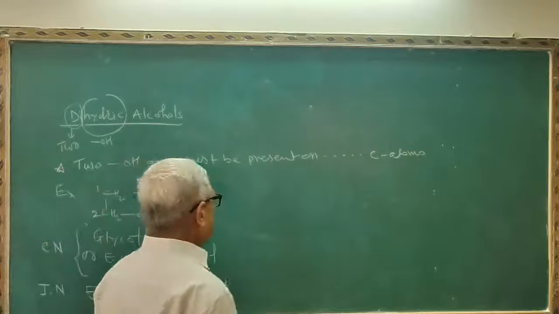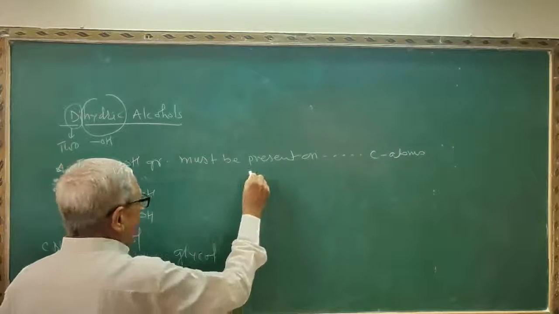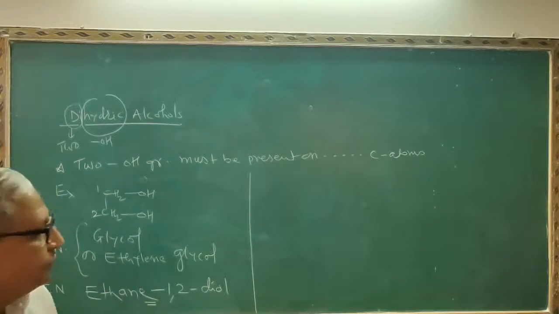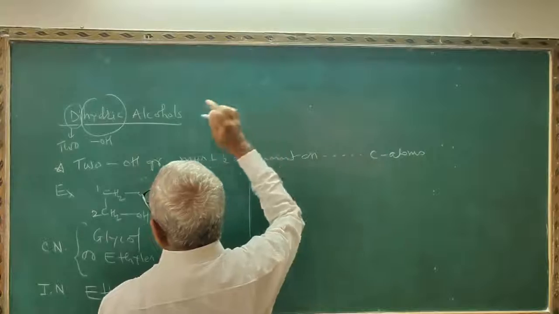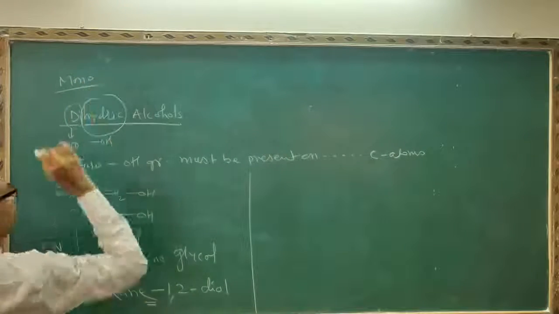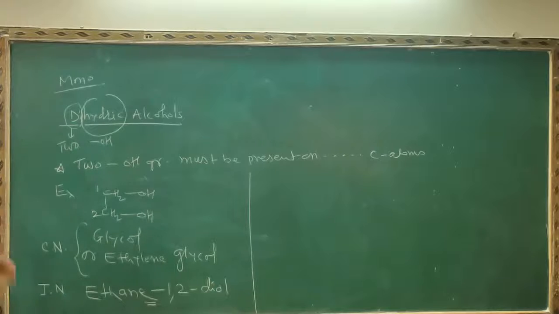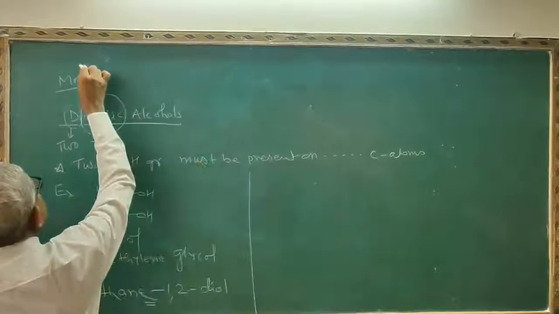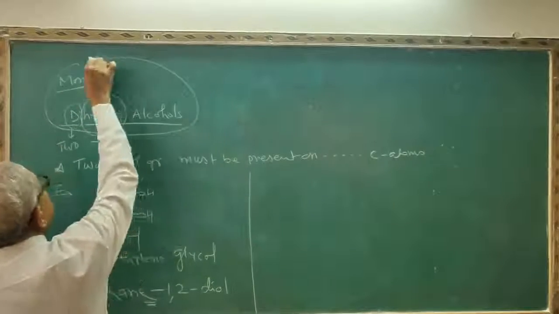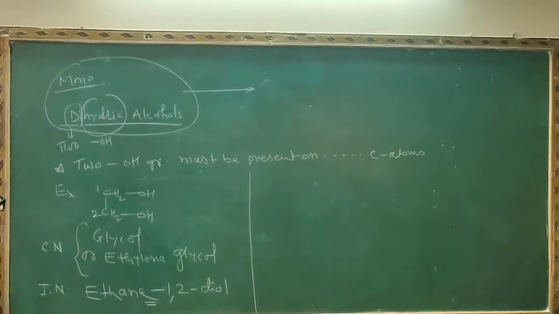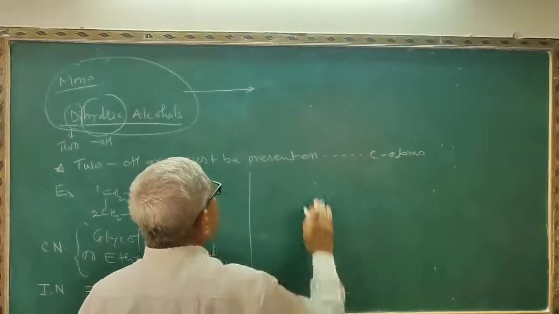Now I will set the objective questions on this point, on monohydric alcohols, because I was explaining monohydric alcohols as well as dihydric alcohols. So I will set the important questions on these two titles, monohydric alcohol and dihydric alcohol, starting from the introduction.